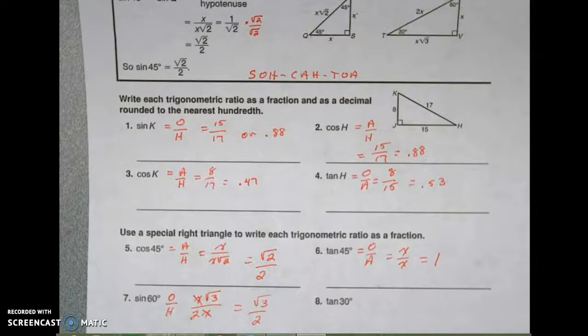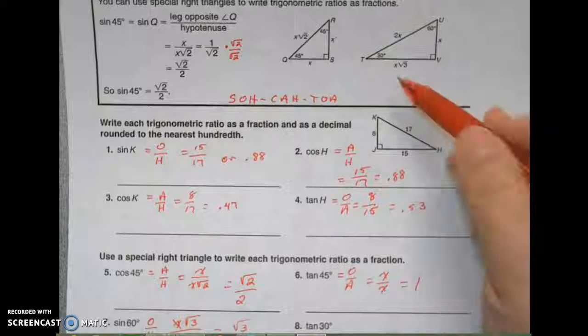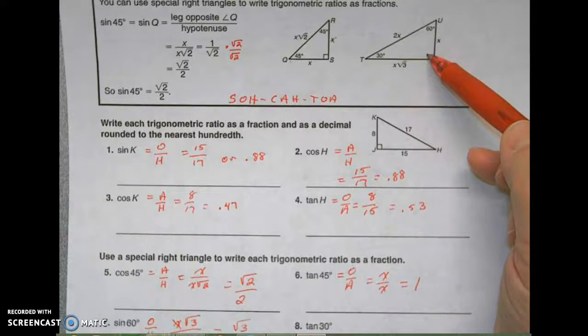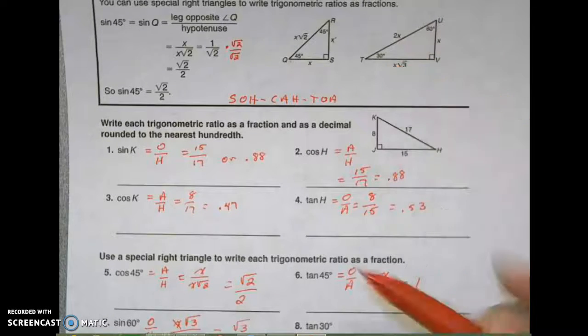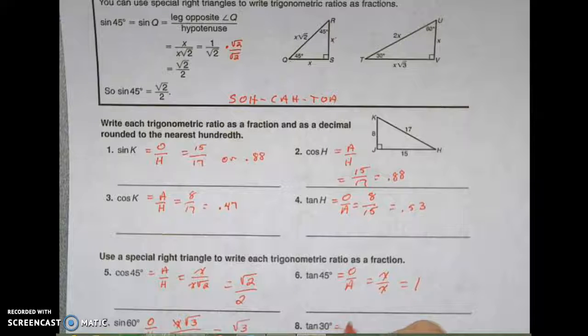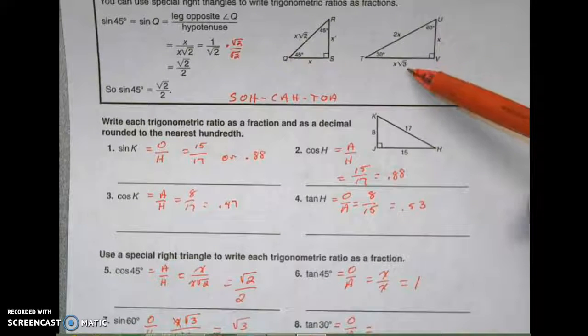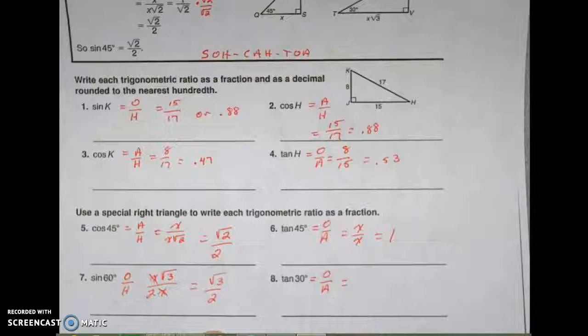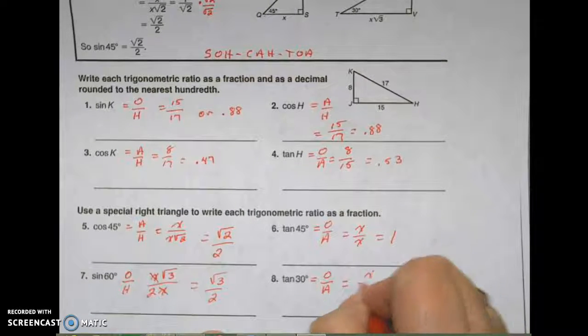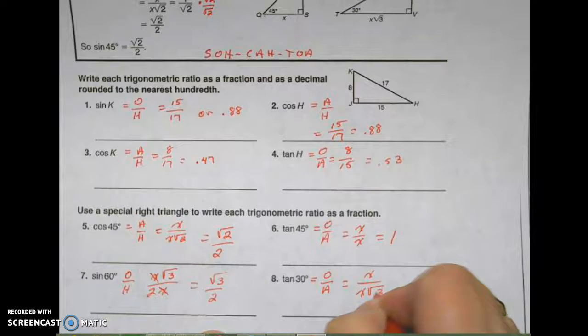The last question on this side of the page, where I'm looking at the tangent of the 30-degree angle. Again, I'm looking up at my 30, 60, 90 triangle. The tangent function I know is TOA, the opposite over the adjacent. If I'm looking at my 30-degree angle, my opposite side is x, my adjacent side is x square root 3. So my opposite over adjacent becomes x over x square root 3.